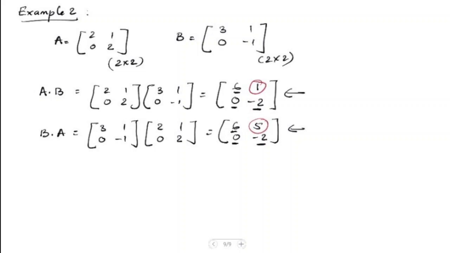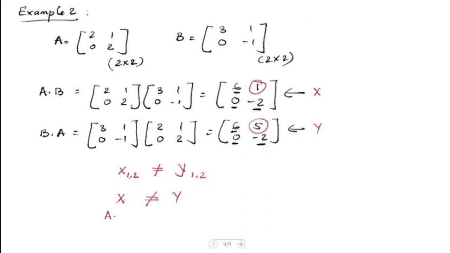So here let's call this X and Y. So we say that X at row 1 column 2 is not equal to Y at row 1 column 2, and therefore X is not equal to Y. What is X?